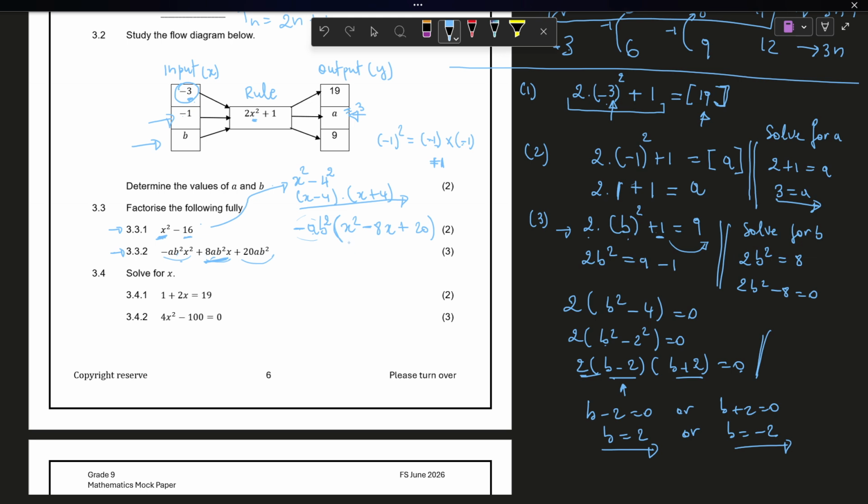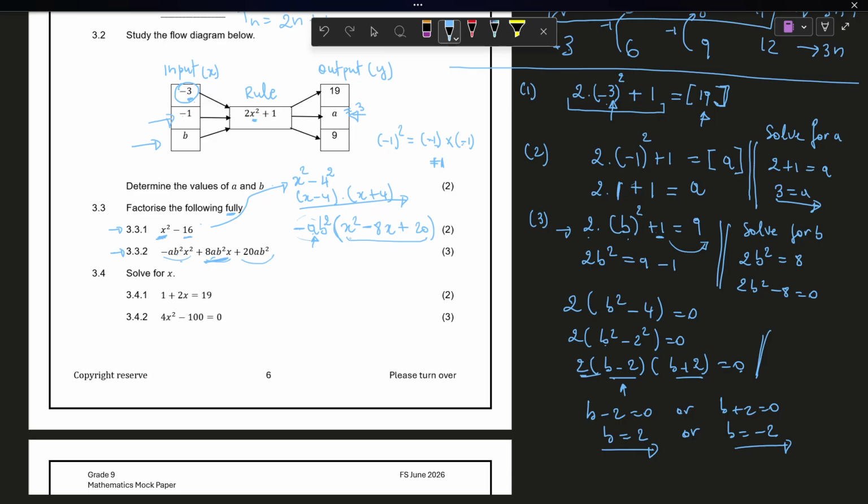Now, is it fully factorized? Remember our question, they say we must factorize fully. This is our common factor. But in this other factor, I've got a trinomial and it can still be factorized.